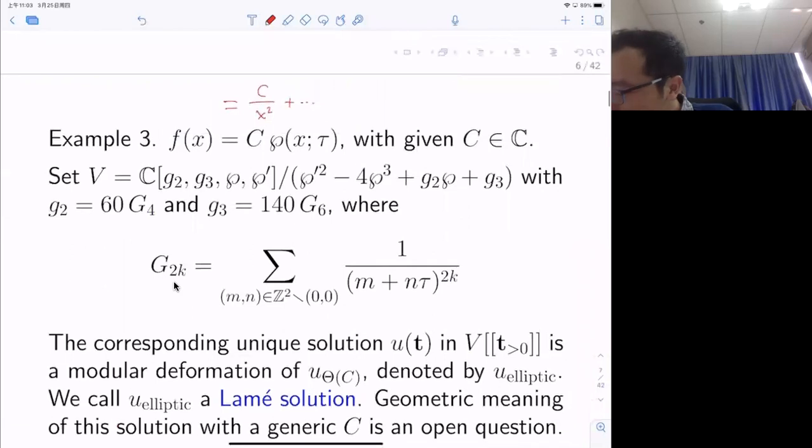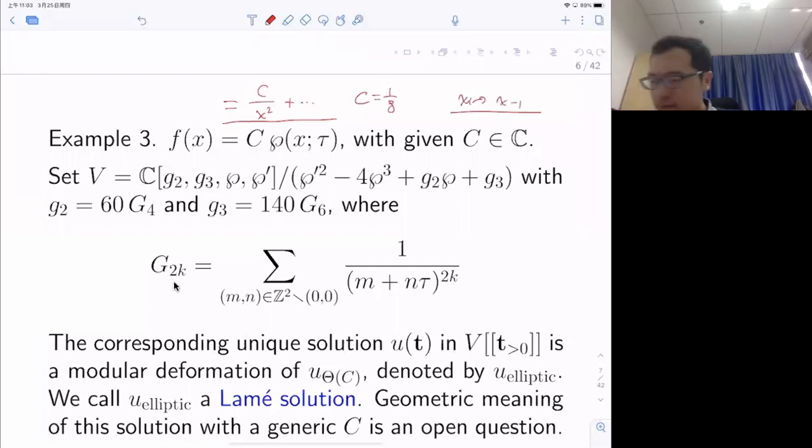So here, if c equals 1/8, so the shift of x to x minus 1, for c equals 1/8 it corresponds to Nobbery.